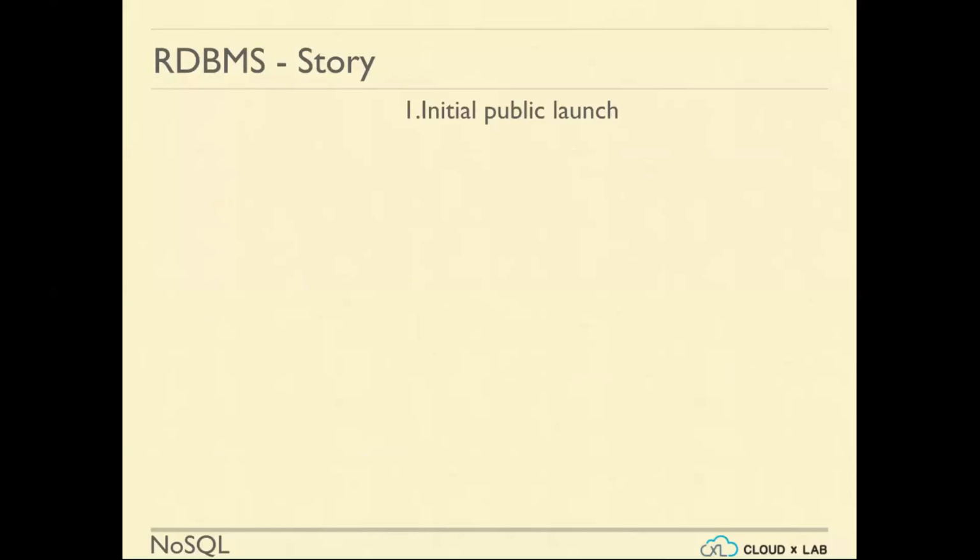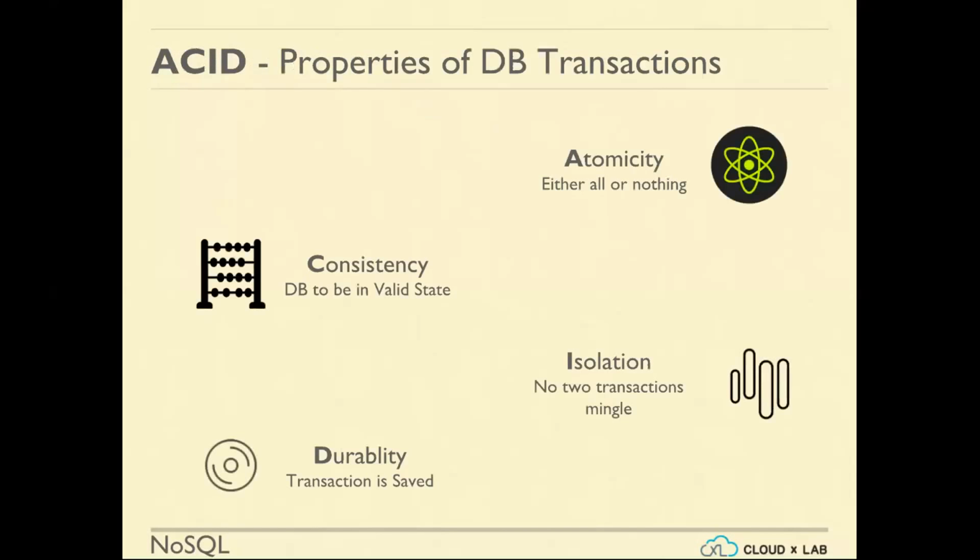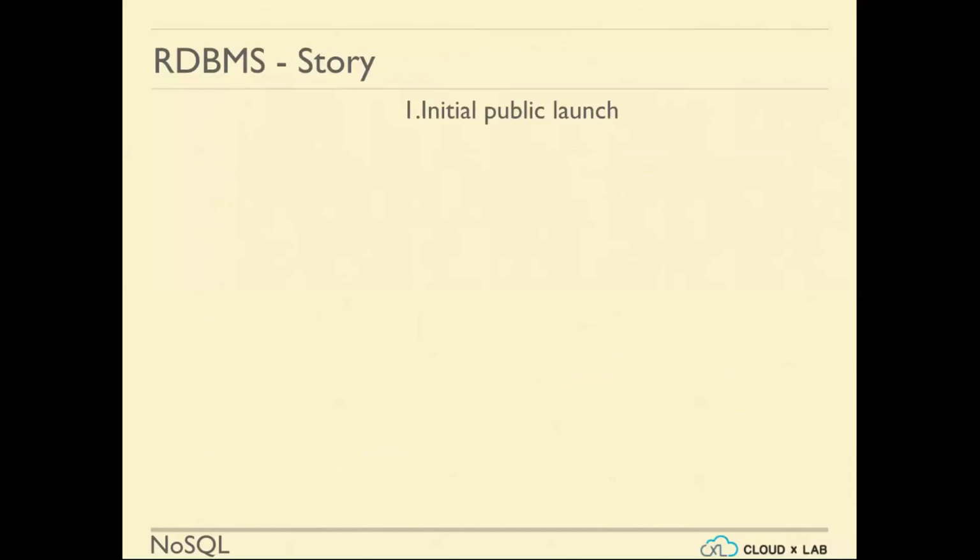Now, this is something that I have seen personally, and I would like to share it. This is the typical story. These are the 4 properties of RDBMS, and the entire world, before this NoSQL era, has lived with normal databases. Now, here's the story of relational databases.